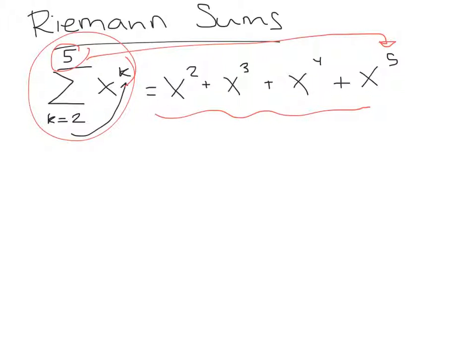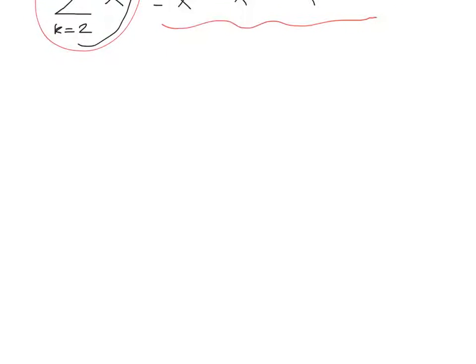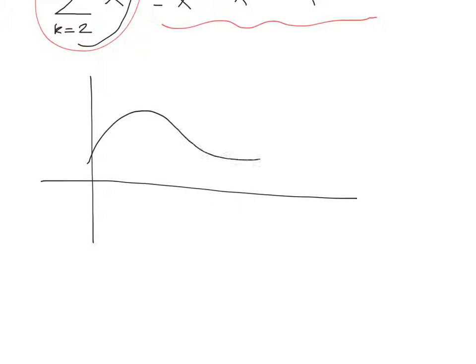Now, the reason they happen in calculus is when you're dealing with an integral, for example, so you want to calculate the area under the curve from some point A to some point B, right?